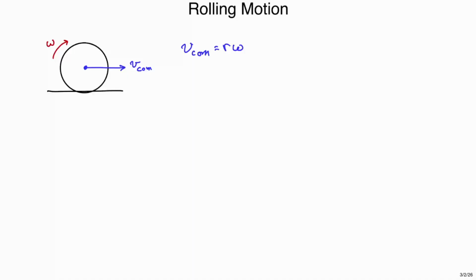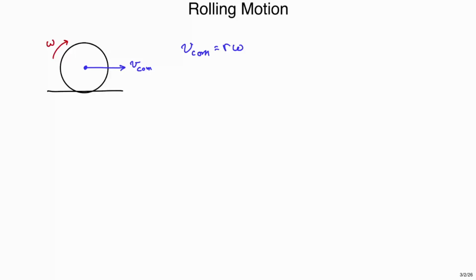So if you know how fast the center of a wheel is moving, like if a car is going along at 10 meters per second, or 27 meters per second, which is 55 miles an hour, then you can calculate the angular speed of that tire if you know the tire's radius. But notice something.